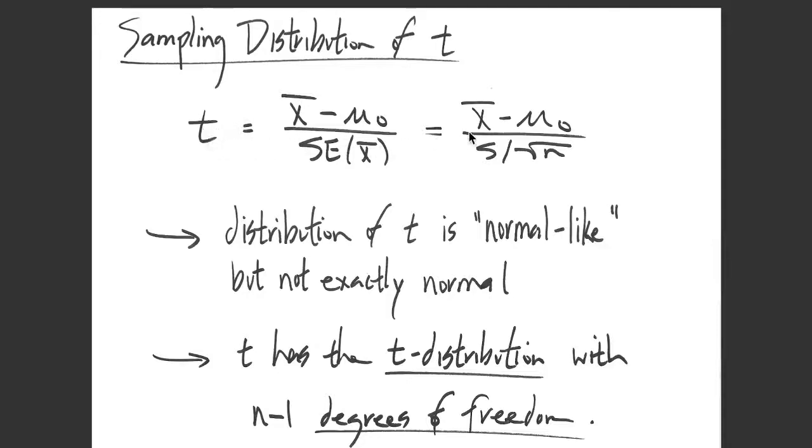Well, it's actually a theoretical exercise in probability, but it turns out that the distribution of t is quite a bit like the distribution of z. It has a very normal-like density curve, but it is in fact not a normal density. It's a different family of density curves called the t distributions.